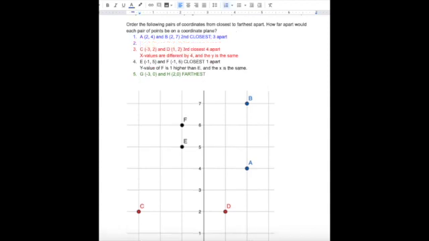All right, so let's look at it for the last couple. For A and B, we have 2, 4 and 2, 7. So the X is the same, but the Y is different.